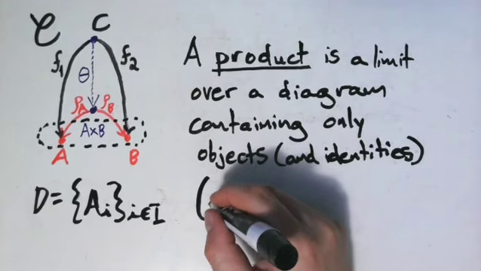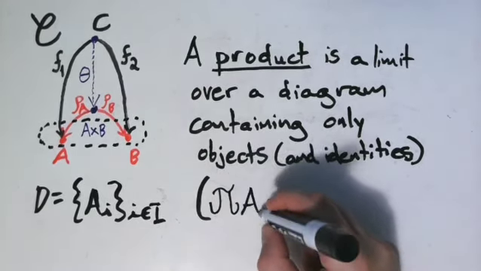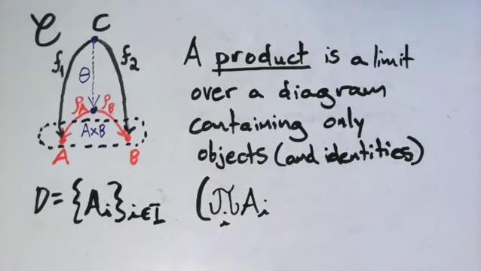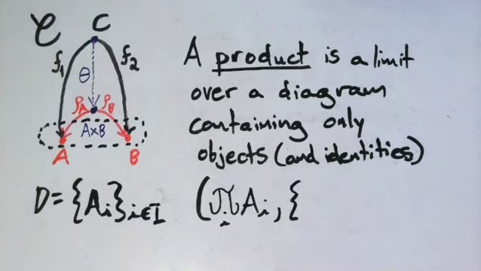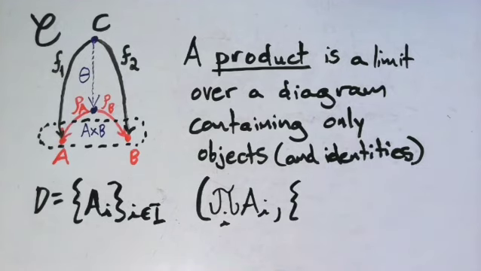Well, it's going to be an object, which we're going to call the product of all the A_i, the product over all the i's. And it's also going to need one leg for every A_i, just like any limit, or any cone.